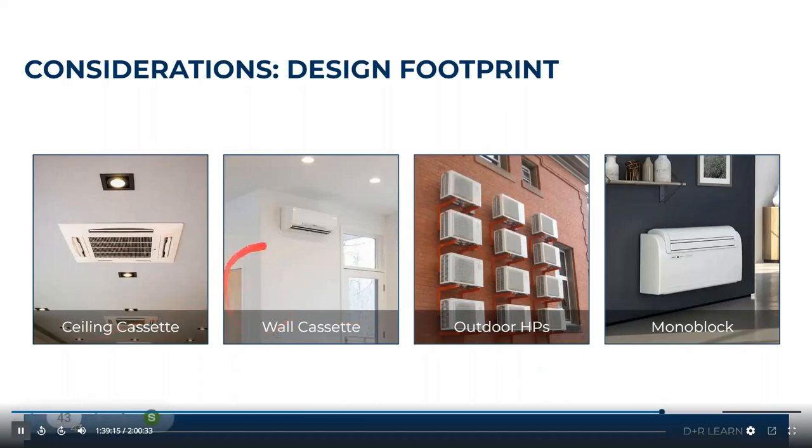And then you have your wall mounted or wall cassette type, similar to what we spoke about earlier. You'll find these a lot of the time in maybe a residential type of setting. And I feel like they're pretty decently installed units in a residential setting, as long as you have it installed somewhere where it fits that design footprint.